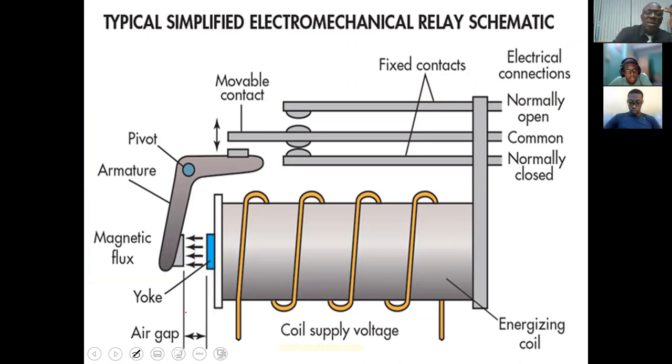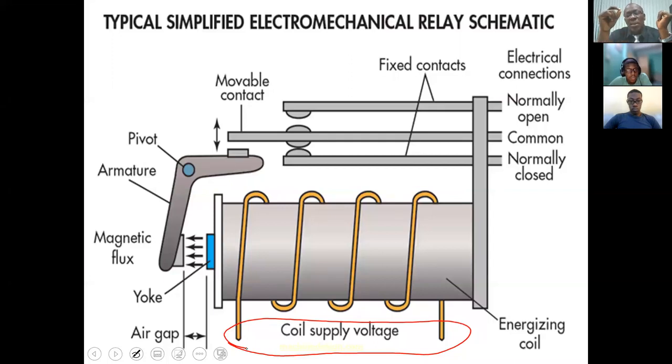The current from the CTs will come through that, and based on that current, you would get a certain level of magnetic pull on the armature. Once that changes, you're pulling in, so you're then moving up, moving the normally closed and then closing the normally open.